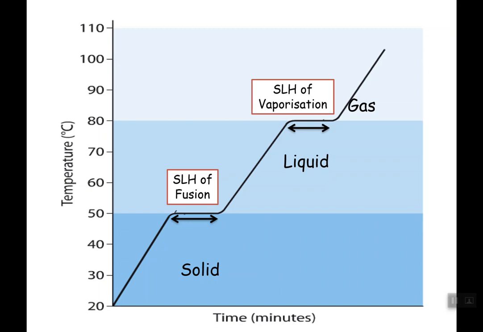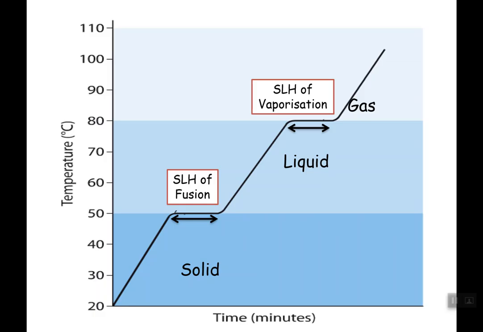It will change from a gas to a liquid and it will release energy. That energy is transferred to you, hence why it burns you. So when you're going from melting and boiling, you're transferring energy. But when a substance is condensing or freezing, it gives the energy back out.